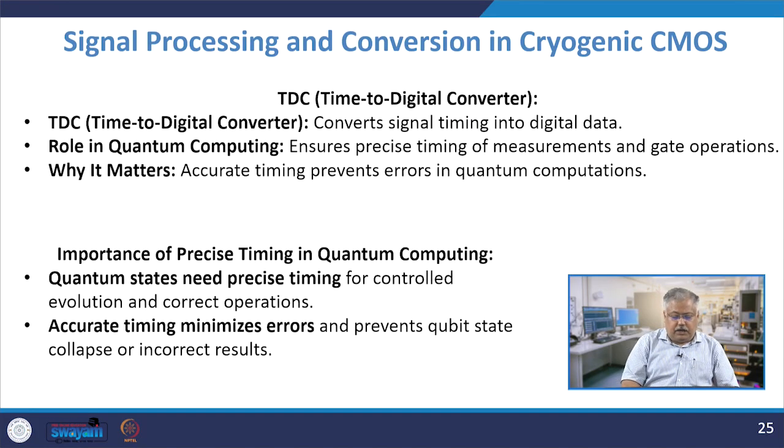Now, the TDC, let us look at the signal processing and the conversion in cryogenic CMOS. The TDC is basically a time-to-digital converter, and it converts signal timing to digital data, as we have seen, and it ensures that the precise measurement of gates and operations is done. Please understand that the very idea is that your readout circuit should be so robust that it should not affect the state of the qubits while reading it, right.